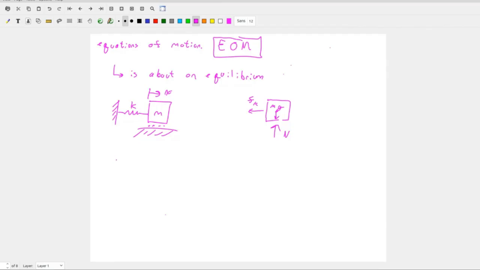So again, the sum of forces in the x-axis must equal the mass m times the acceleration of the mass, and that's x double dot. That makes sense? That's literally all we have to work with.